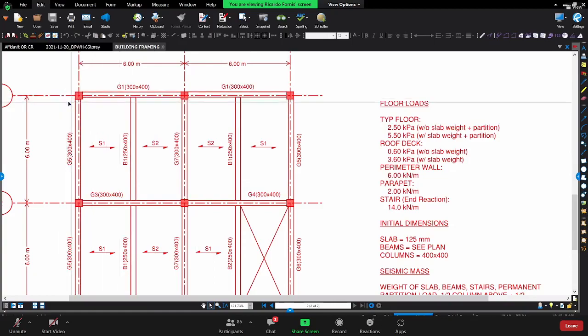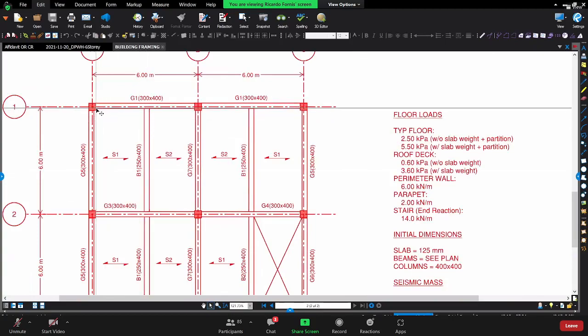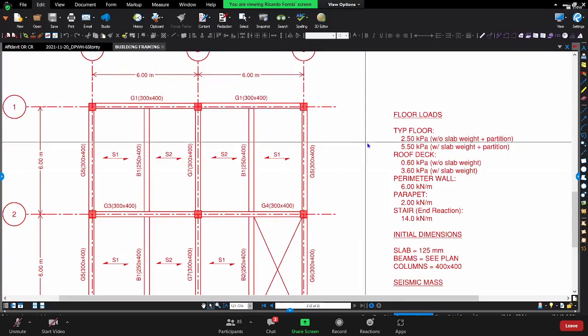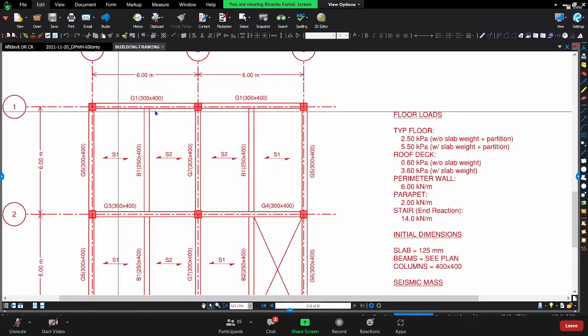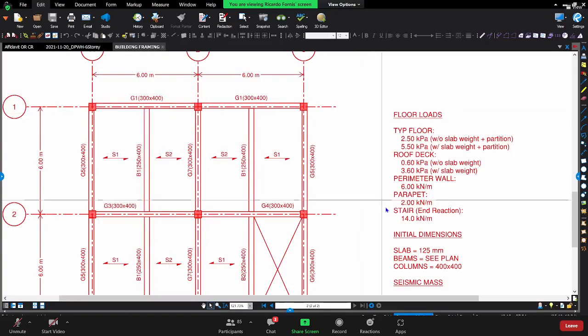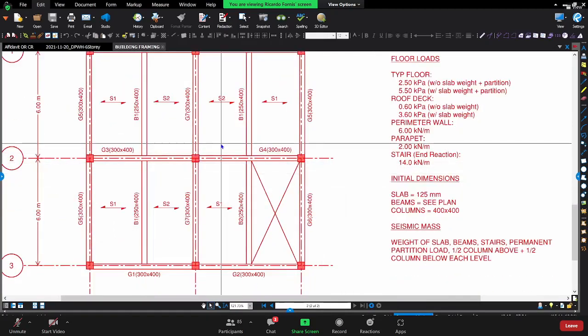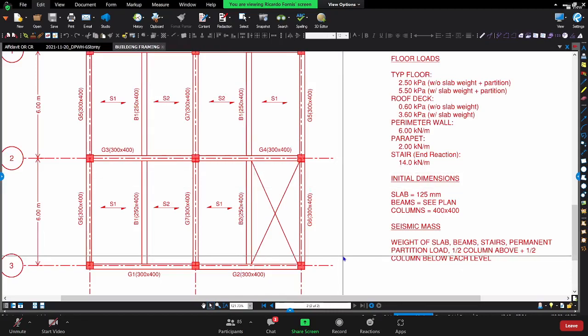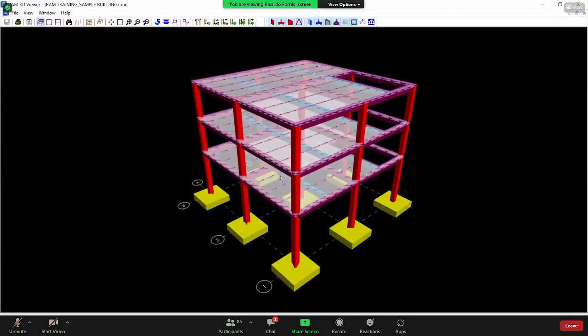But for the members, again, dali naman po tingali because you just have to determine the length of the beams, multiply nimo with the unit weight of the concrete. That's 23.5 kilonewton per cubic meter. So you have the length and you have the initial dimension. So you can also easily calculate the seismic mass. So you can do it manually or you can do it using a 3D model. No? So the 3D model will calculate the seismic mass for you.